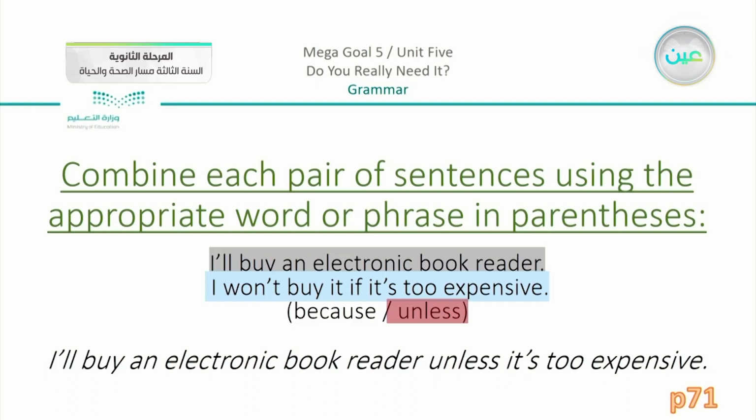We are going to link them together using an adverb or a conjunction. We have here an adverb clause actually. So they have some choices in the book. We can see that the suitable choice is going to be unless, and then they join the 2 sentences together. I'll buy an electronic book reader unless it's too expensive. Now this is already done in the book.